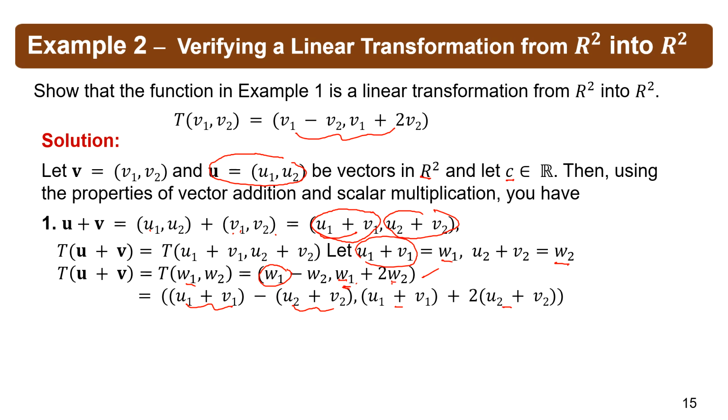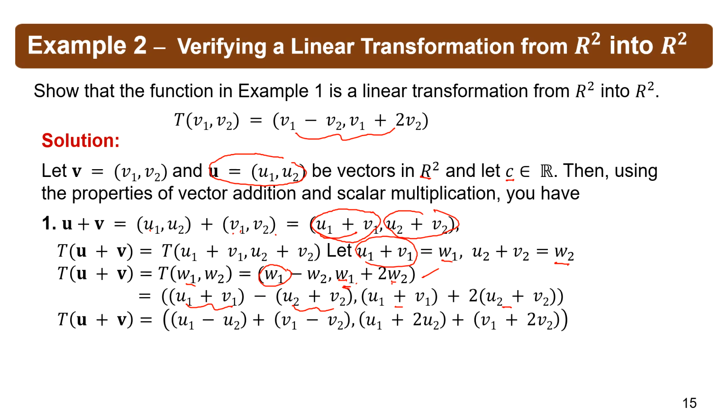All right, so when we add, let us combine or write together the u's first. So u1 minus u2, plus we have v1 minus v2. So we just regroup the u's and the v's.